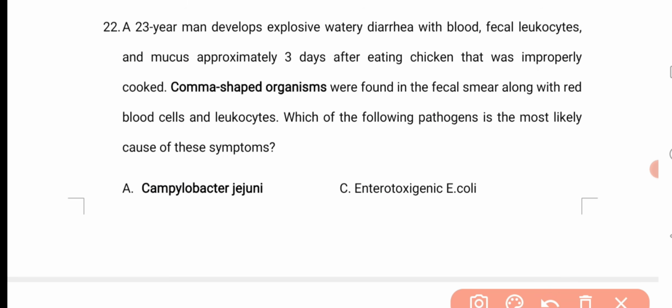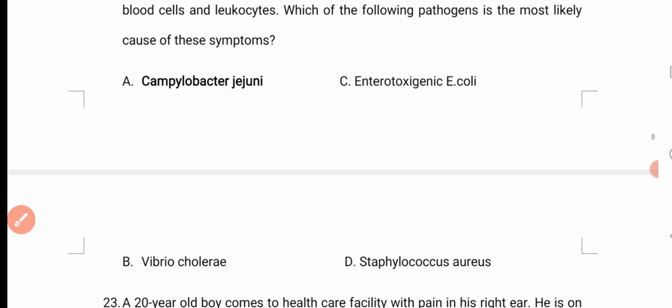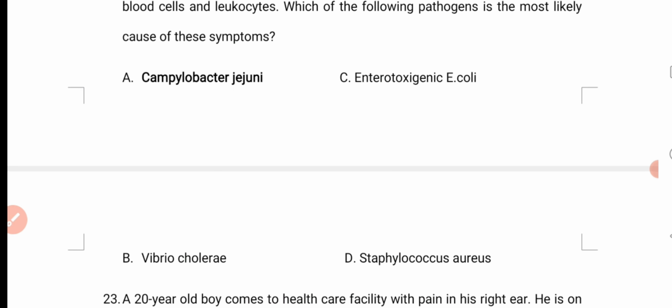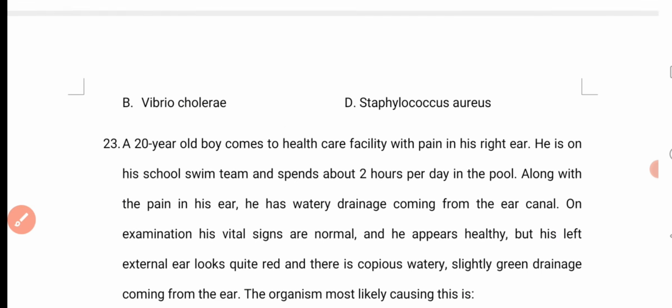Because E. coli is a rod, Vibrio cholerae is not comma-shaped, and Staphylococcus is a coccus, a round or spherical bacteria with a cluster like grapes. So the correct answer will be A, Campylobacter jejuni is a comma-shaped bacteria under the microscope.